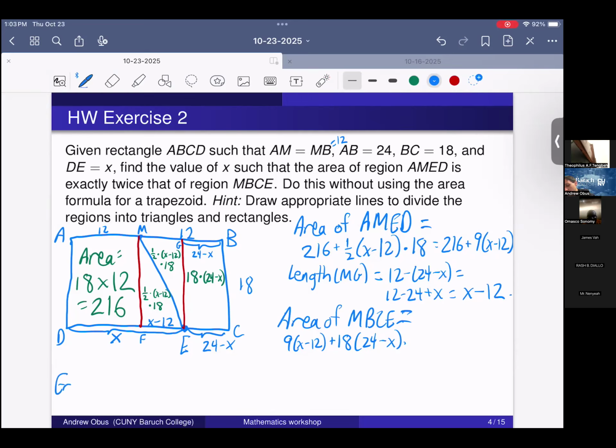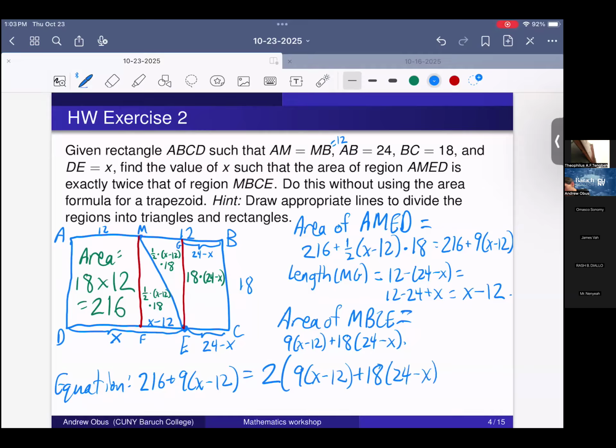So our equation is going to be 216 plus 9(x minus 12) equals 2 times [9(x minus 12) plus 18(24 minus x)]. This is the equation, and the goal is to solve for x. We want to find the value of x that makes the left region twice the right region. So now that we have this equation, we're going to solve it for x.